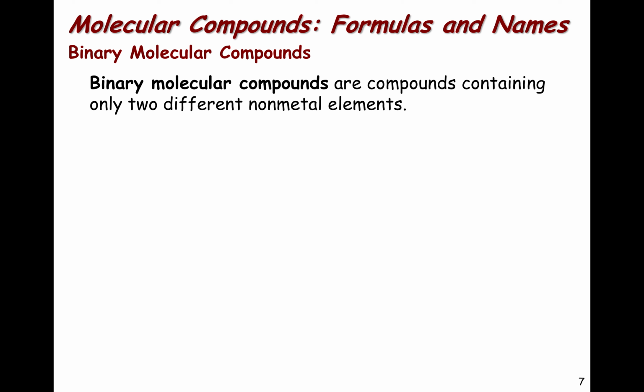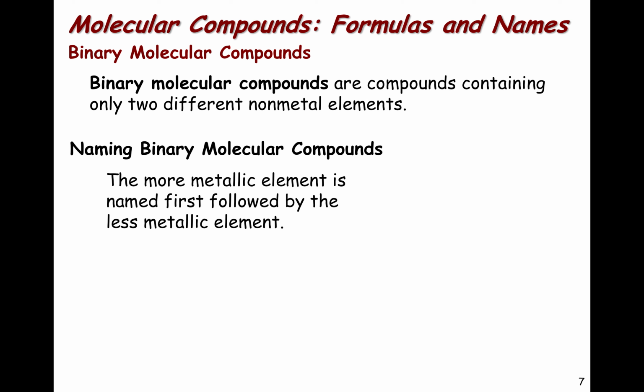So for these binary molecular compounds that are comprised of 2 nonmetal atoms, generally the formula will always have the first element be further to the left and down in the periodic table, and so in this case that also increases the metallic character for that particular element.